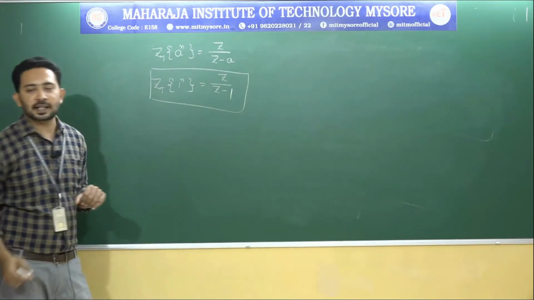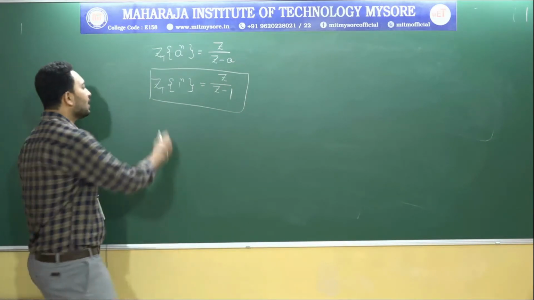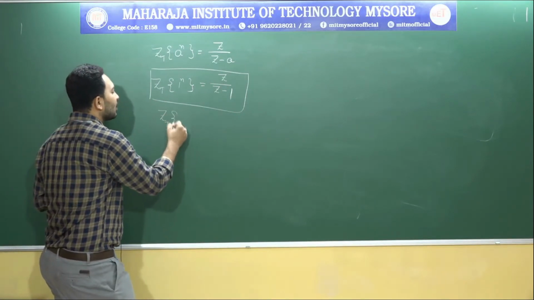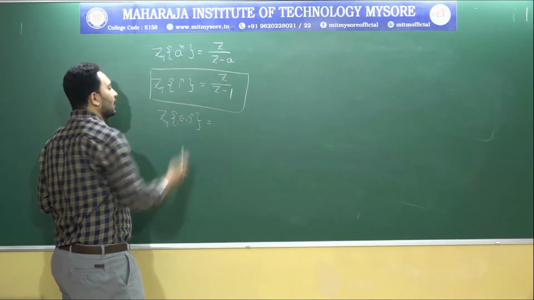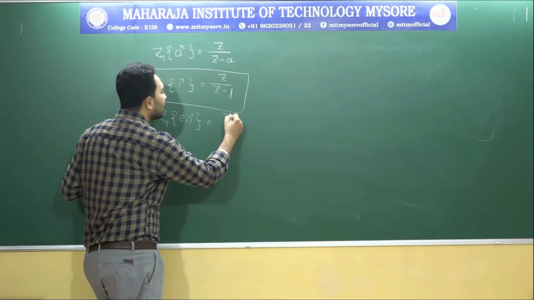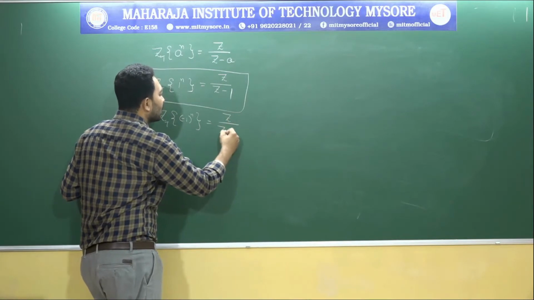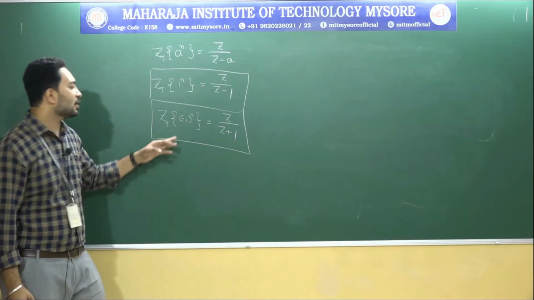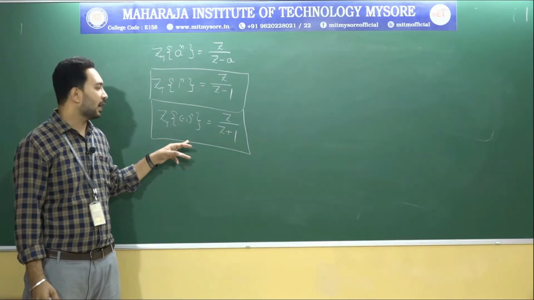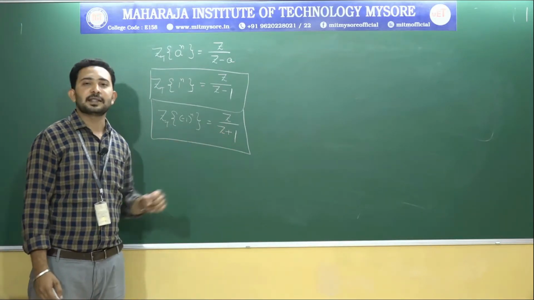So this is the z transformation of 1. Similarly, for z transformation of minus 1 power n, replace a by minus 1, that is z divided by z plus 1. So this is the z transformation of minus 1 power n, that is z divided by z plus 1.